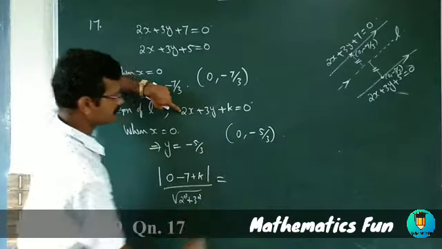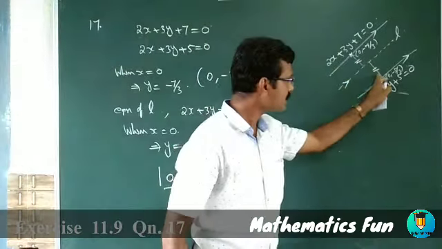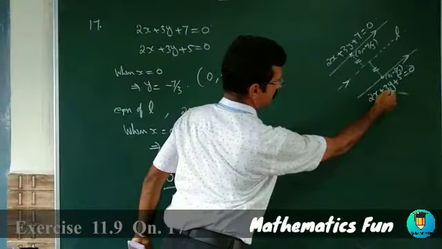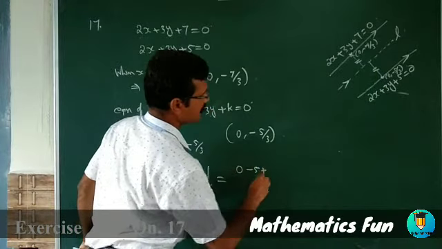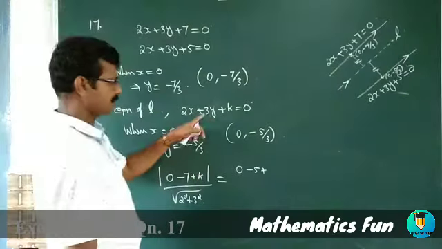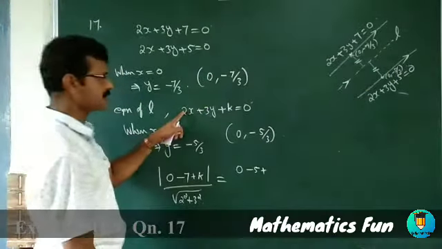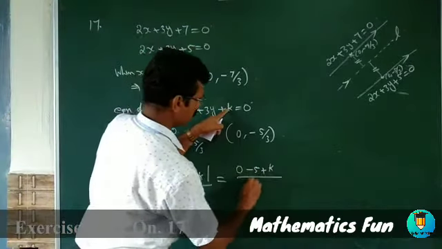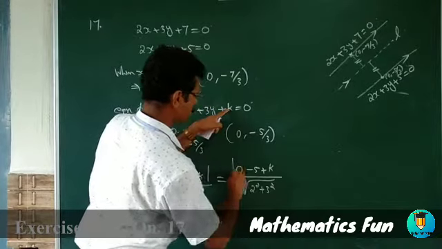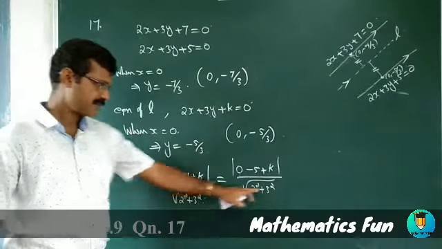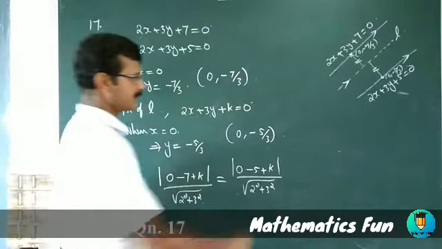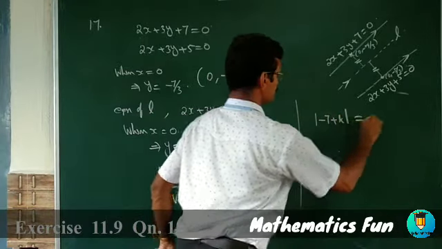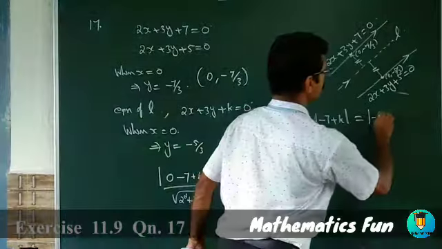Here also I write the distance for the point 0, minus 5 by 3: absolute value of minus 5 plus k divided by under root 2 square plus 3 square. The denominators get cancelled. Here the numerator: absolute value of minus 7 plus k is equal to absolute value of minus 5 plus k.